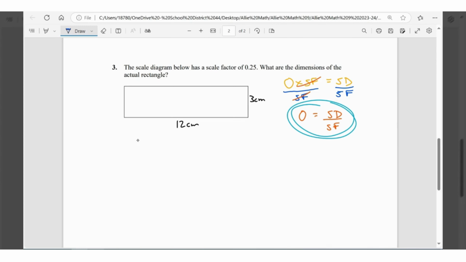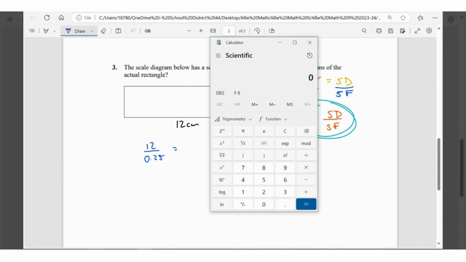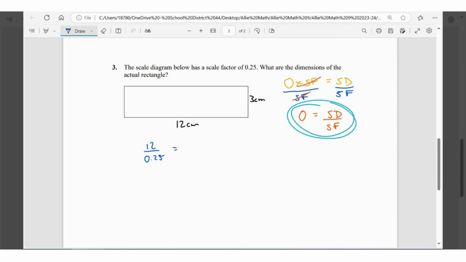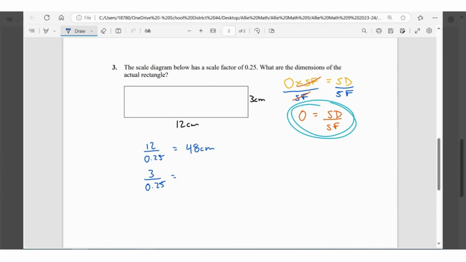So our first one, 12 divided by our scale factor, 0.25 equals, let's use our calculator for this, 48 centimeters. And our other side, 3 divided by 0.25 equals 12 centimeters.